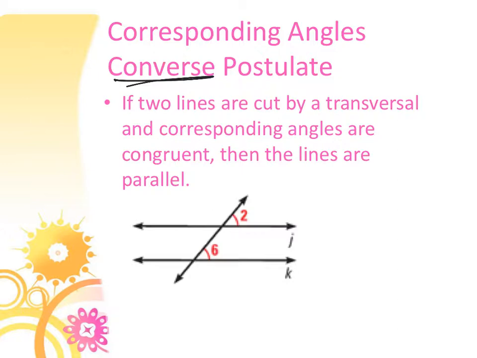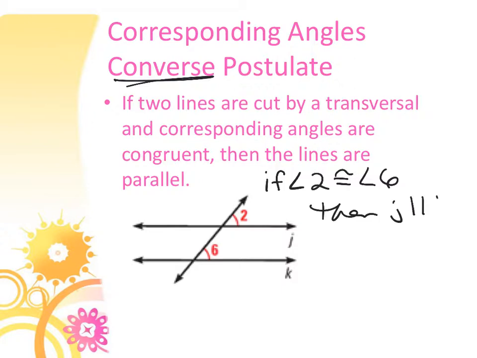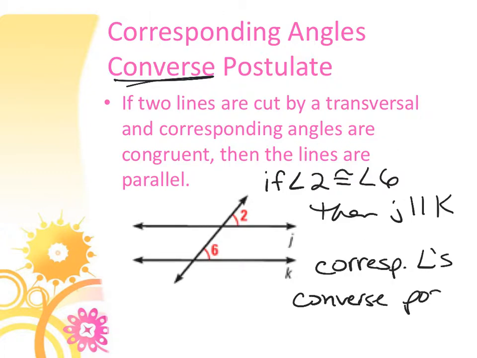So for this statement, we could say that if angle 2 is congruent to angle 6, then lines J and K are parallel, and this would be the corresponding angles converse postulate.